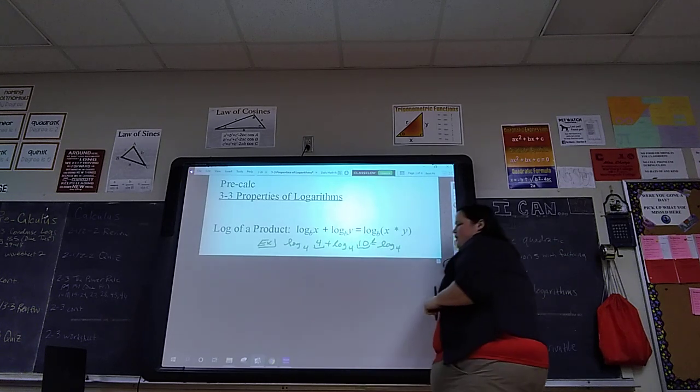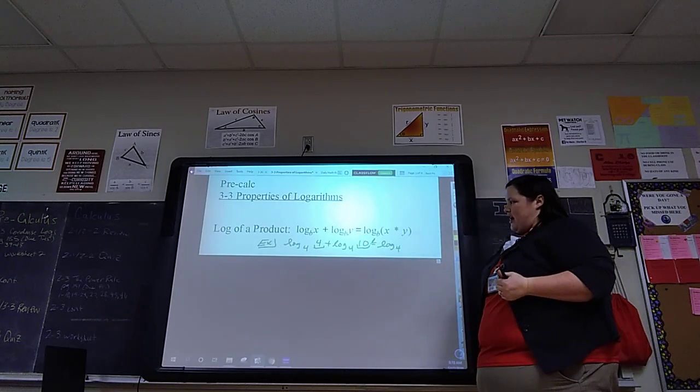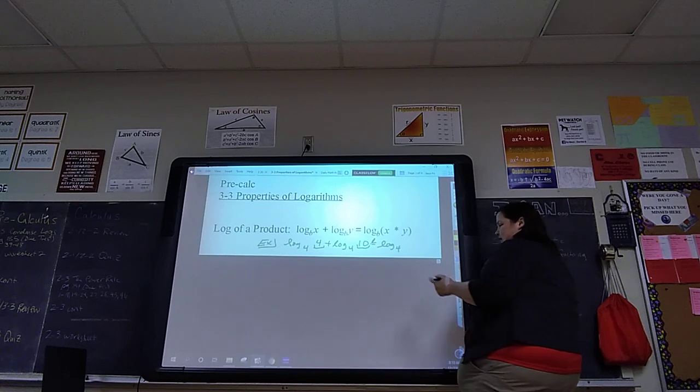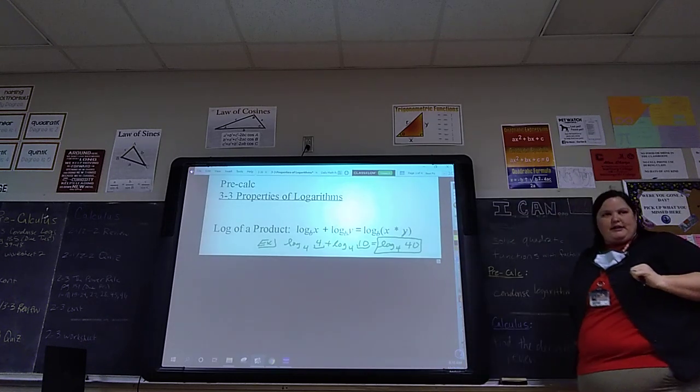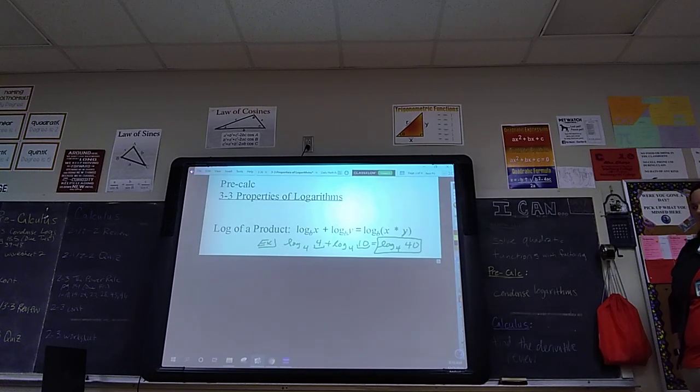So log base 4 of 4 plus log base 4 of 10 will condense to log base 4 of 40. You multiply those numbers together. Most of the time we have numbers and variables, a mixture of the two, but that's a little mini example with just numbers.